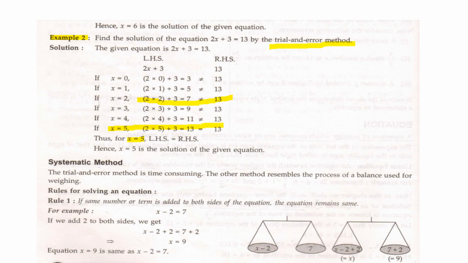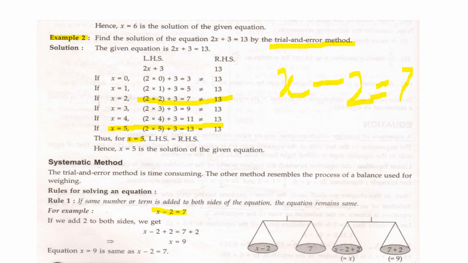Now the systematic method has several laws. Laws means when we move a value from one side to the other side, it changes, isn't it? We have studied this. See one example here, x minus 2 equals 7.